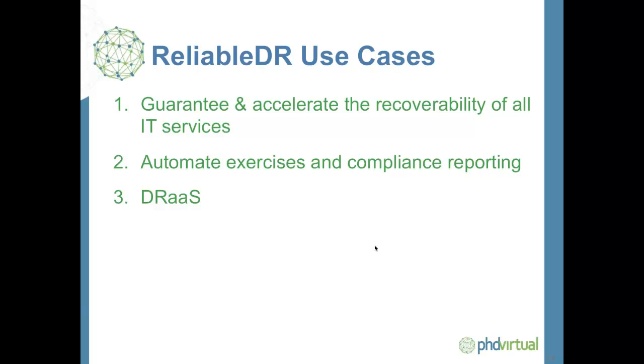But also, because it's completely automated, you can just right-click Failover and select a couple of options, and that's it. It will fail over very, very easily. So getting things back is very quick and simple.